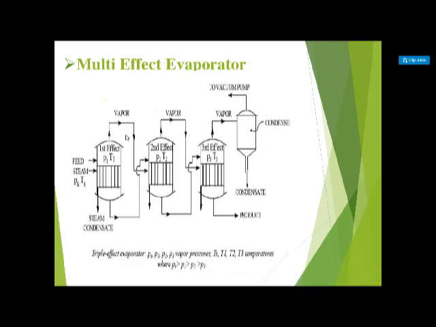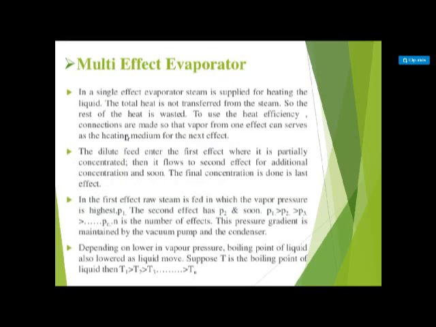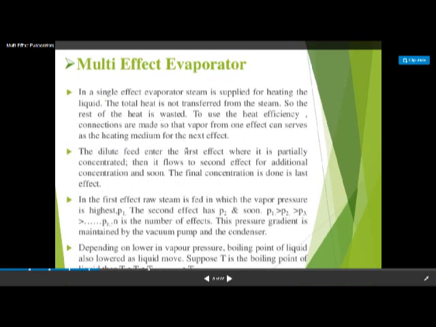Now we'll discuss the working, and in the working we'll discuss the feeding method, that is, how we are going to introduce the feed in the multiple effect evaporator. Now see here, this is what we have seen: in the single effect evaporator steam is supplied as a heating media in the first one, and if we use the single effect evaporator the total heat is not transferred from the steam, and the rest of the heat is going to be wasted.